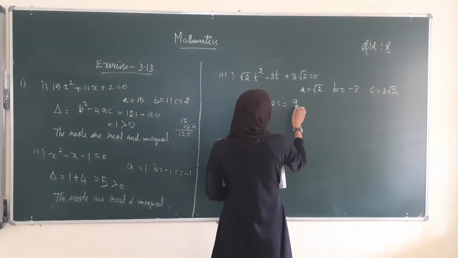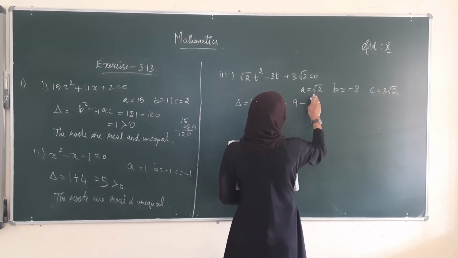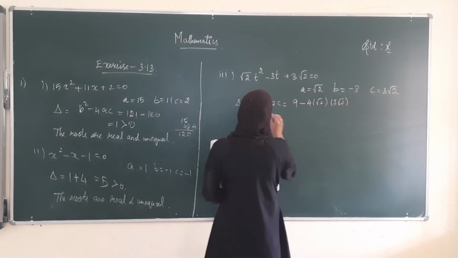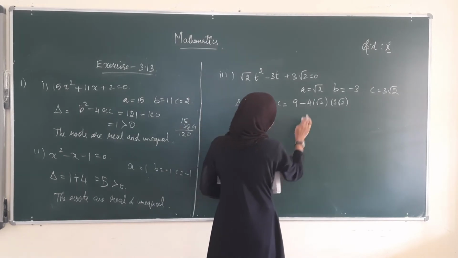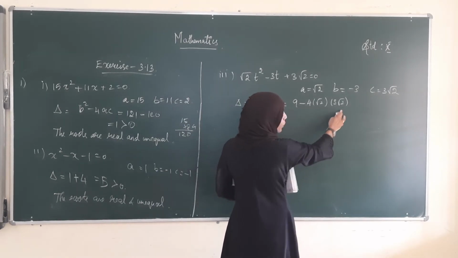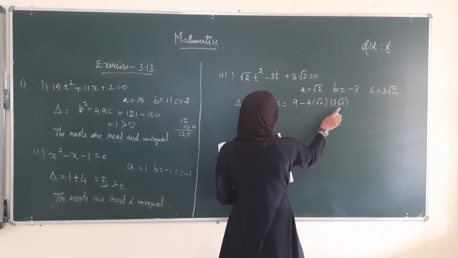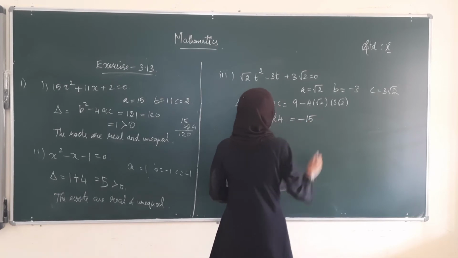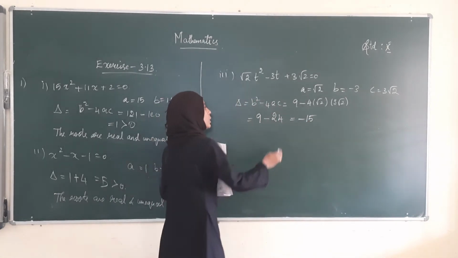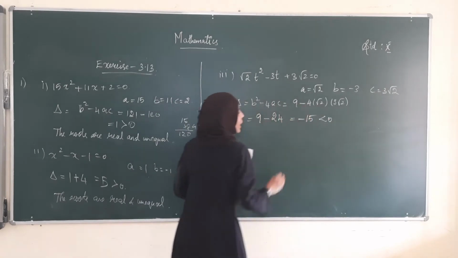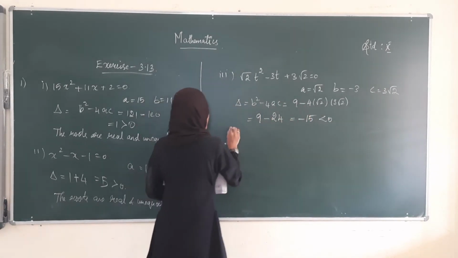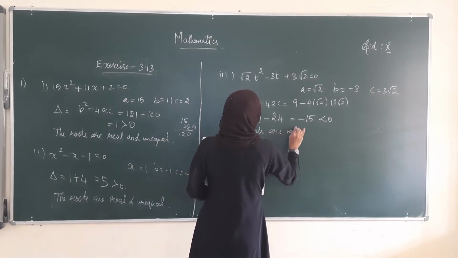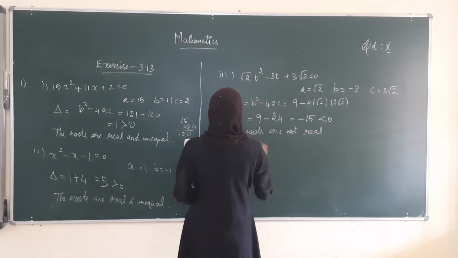Minus 3 whole square is 9, minus 4 into root 2 into 3 into root 2, which is equal to 9 minus, see here, 4 into root 2 into root 2, it becomes 2. 4 2s are 8, 8 3s are 24, which is equal to minus 15. Since the value is less than 0, minus 15 is less than 0, therefore the roots are not real.